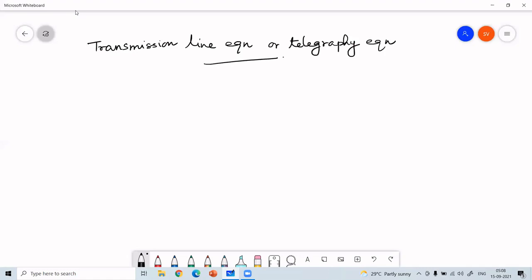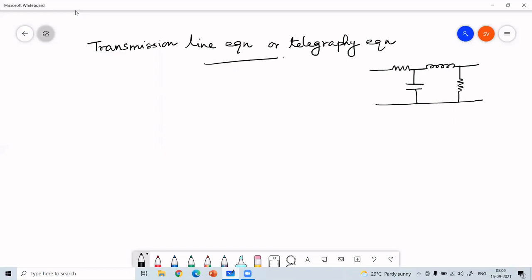To derive the transmission line equation, here I am drawing a transmission line. In the discussion of transmission line parameters, we imagined a transmission line having unit length only.